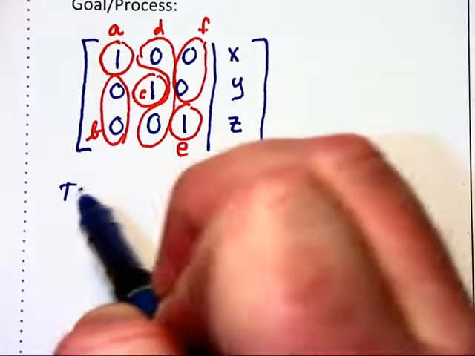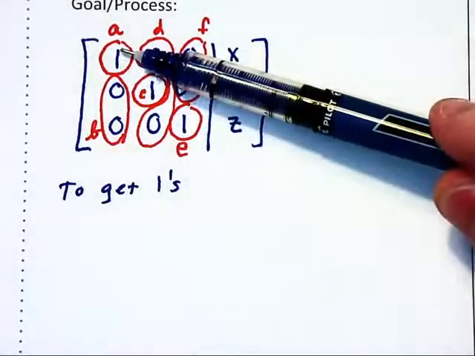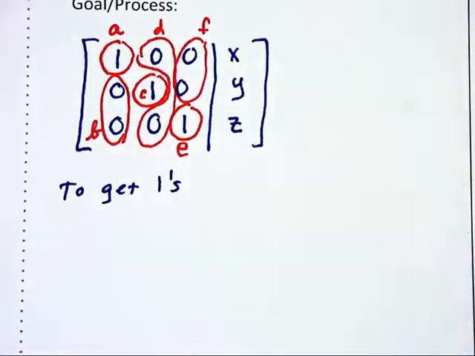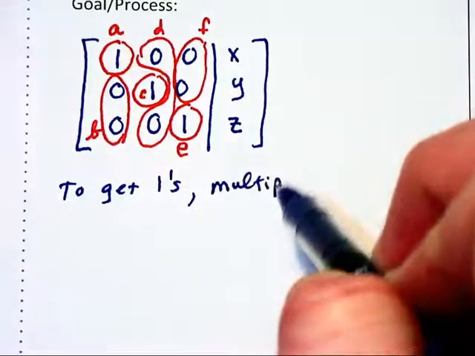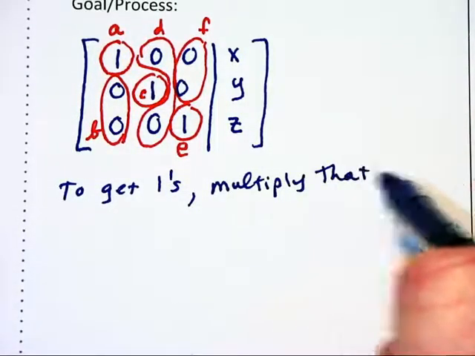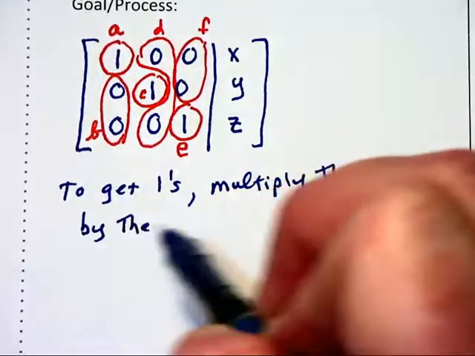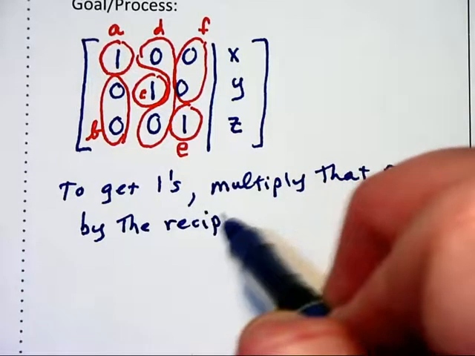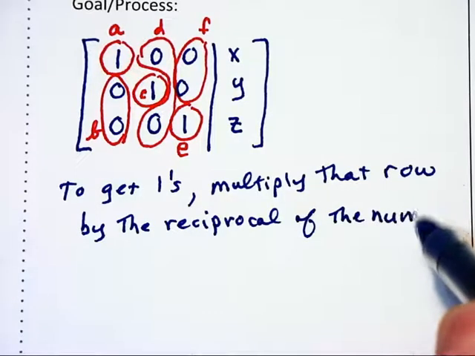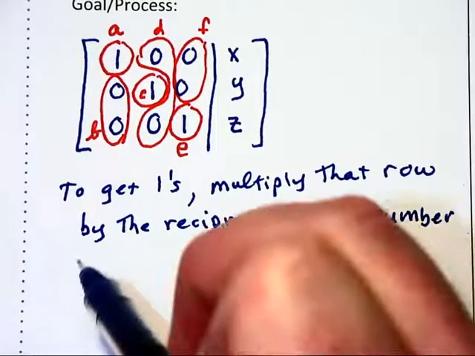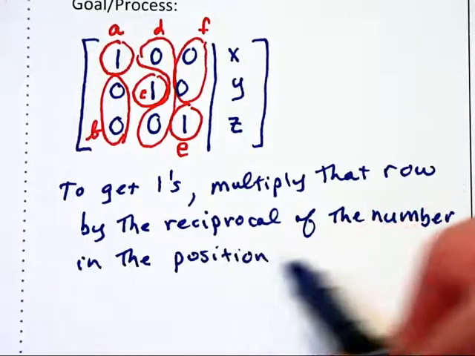To get 1's, and that's what we're trying to do here at steps A, C, and E, basically, I want you to multiply that row by the reciprocal of the number in the position you want the 1.